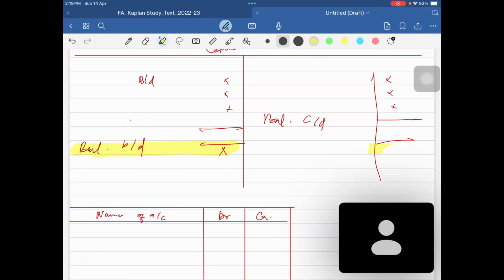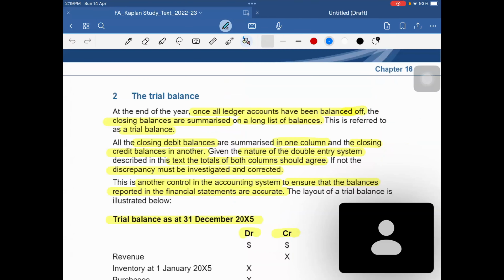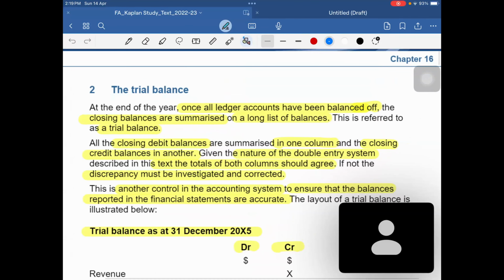This balance brought forward is on the debit side, so this balance would go to the debit side of the trial balance. Whichever side your balance brought forward is on, you take that item to the same side of the trial balance. So a trial balance is basically your ledger account balances grouped together under one account.